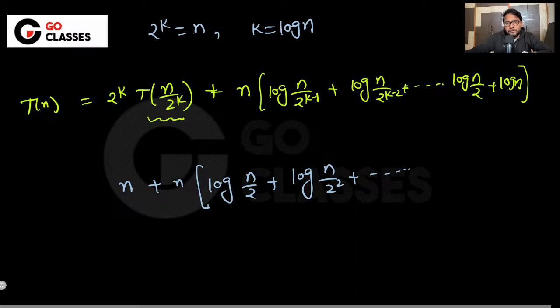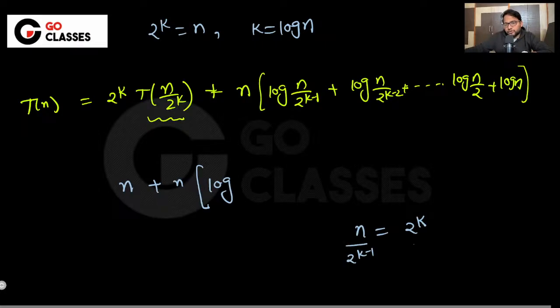okay, see, this will be log of n by, no, sorry, this is not log of n by 2. Now here we are saying that n upon 2 power k minus 1, that is the value we want to know, right? So n is 2 power k, and we want to know n upon 2 power k minus 1. So you can divide by 2 power k minus 1 on both sides. So this will be just 1 upon 2 power minus 1. This is just, I think, 2, right? So this value will be 2.